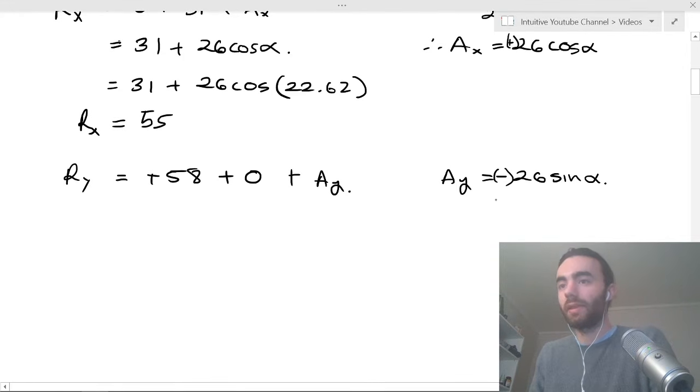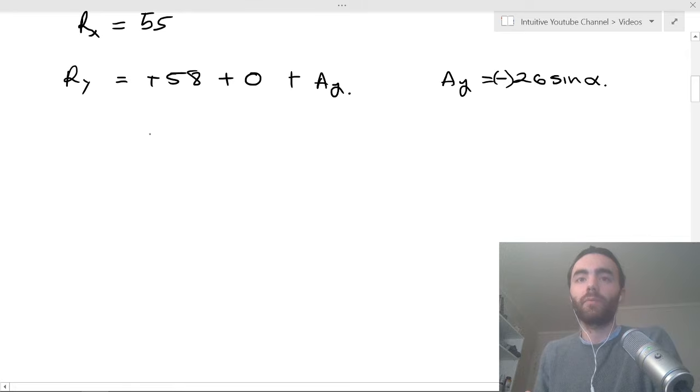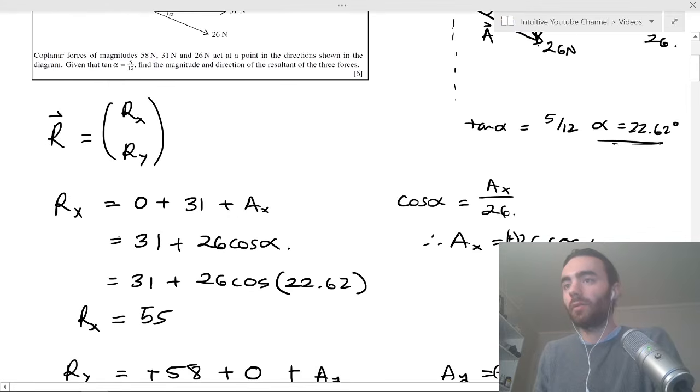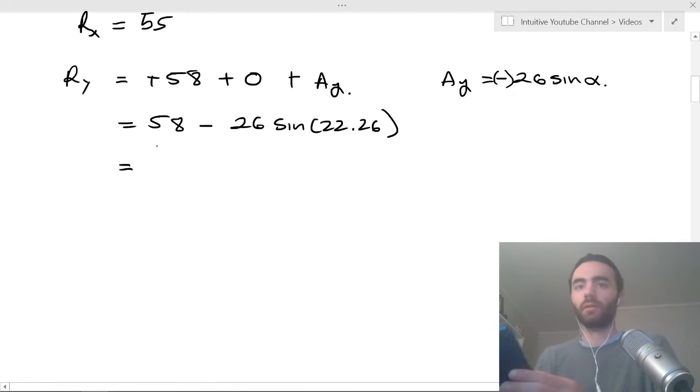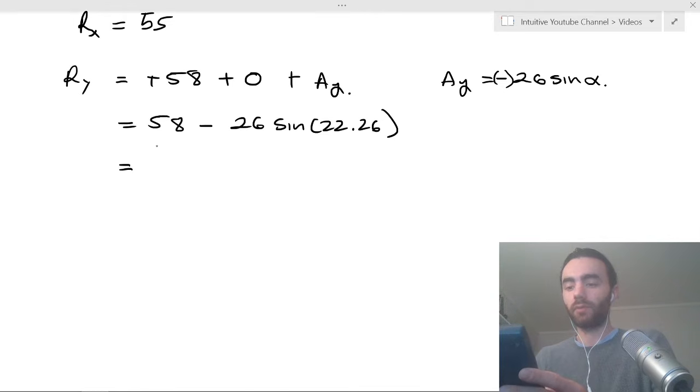So this is negative 26 sine alpha. So this becomes 58 minus 26 sine alpha. Remember, our alpha is this. So we can do 58 minus 26 sine 22.26.